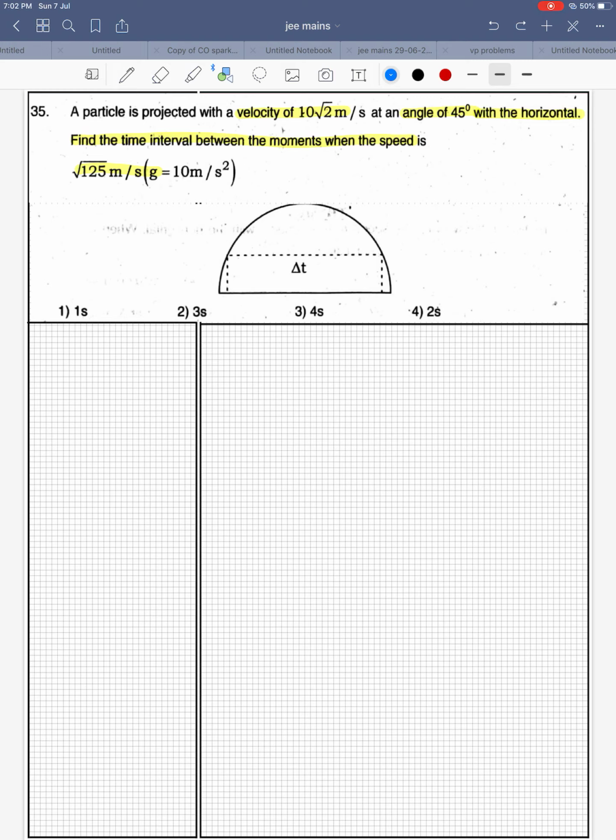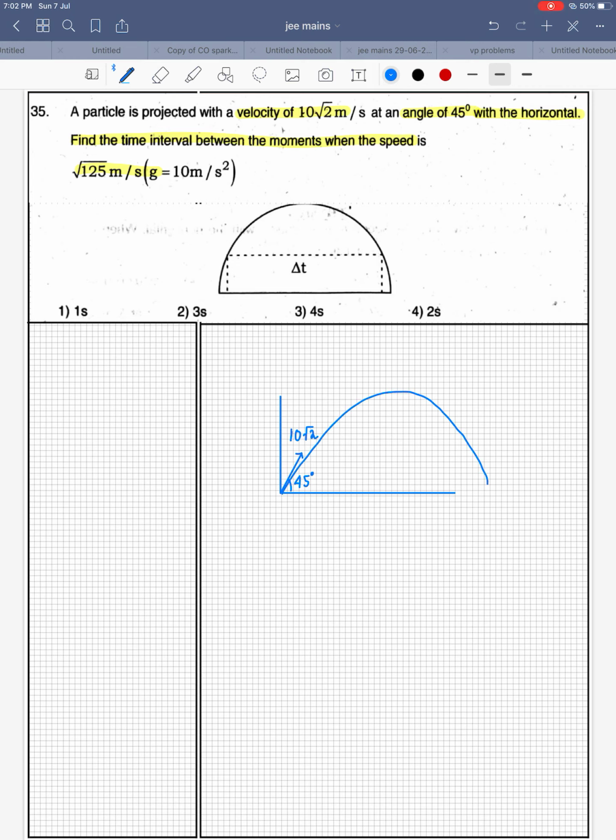Okay, so the body is projected, let me draw this. Projected at 45 degrees with velocity 10√2 meter per second with the horizontal. Find the time interval. Maybe this is how the projectile looks.